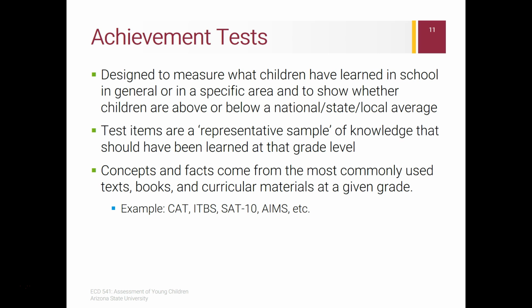Additionally, concepts and facts come from the most commonly used texts, books, and curricular materials at a given grade level. Examples of achievement tests include the CAT, ITBS, SAT-10, AIMS, etc.